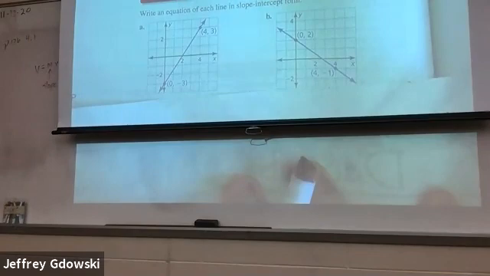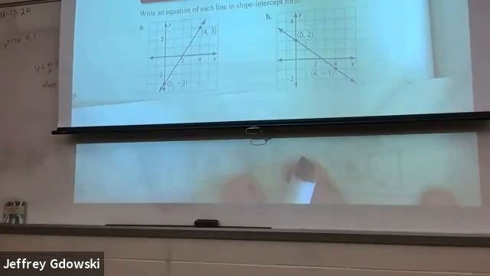Should be able to get that slope just by counting, right? Make sure your slope is simplified though. Tell the person next to you about these.